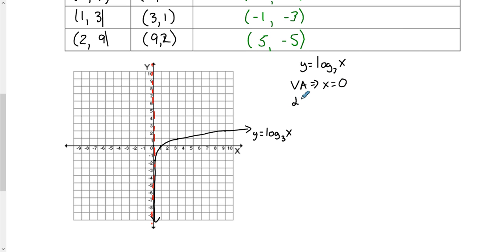The domain is x such that x is greater than 0. The range is y such that, well, it's going over all real numbers. So y is an element of the real numbers.